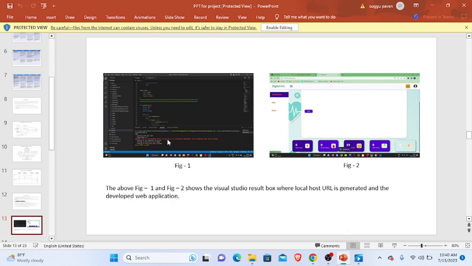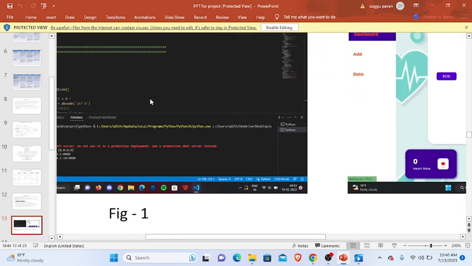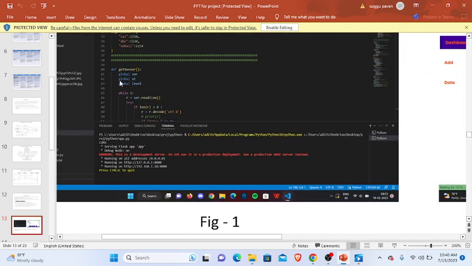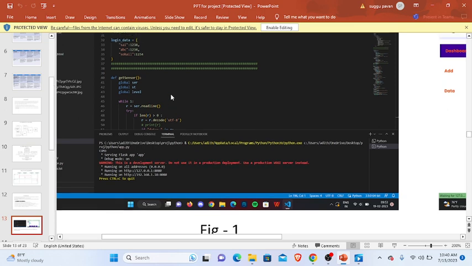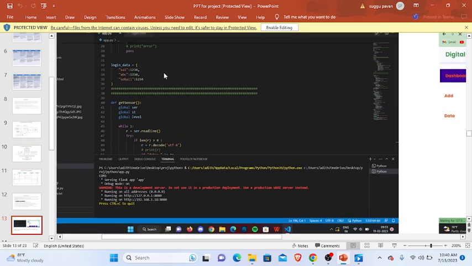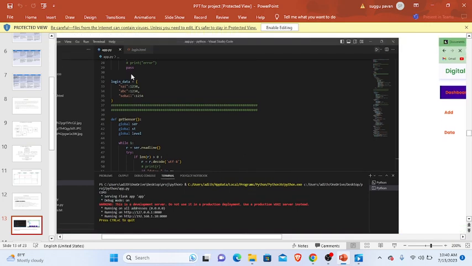This is a piece of code from our project which shows that the get sensor is continuously reading the sensor details of the patient, and this is the login data which we have created for various patients.